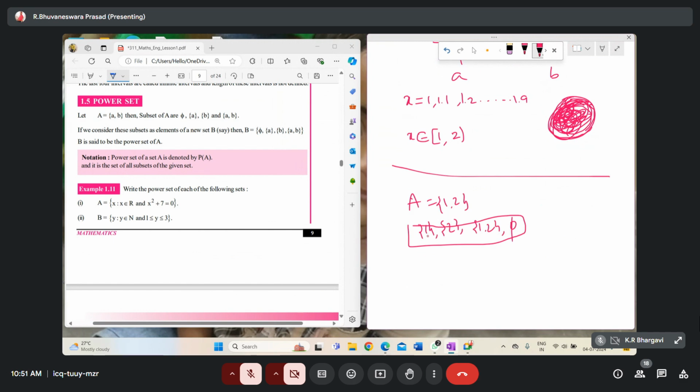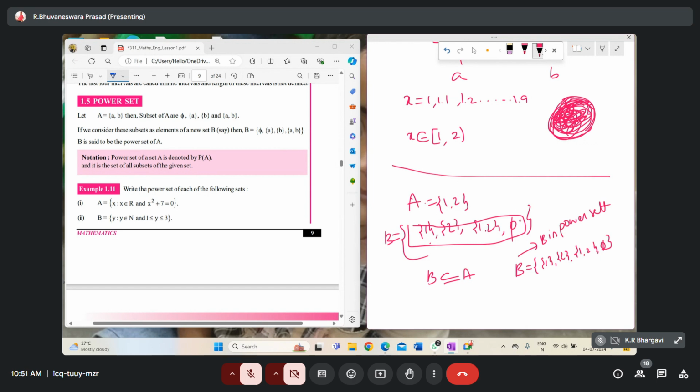If B is the set of all subsets of A, then B equals the set of set 1, set 2, set of 1 2 and the empty set. This set B is called a power set of A.